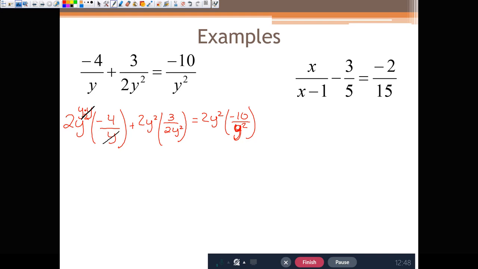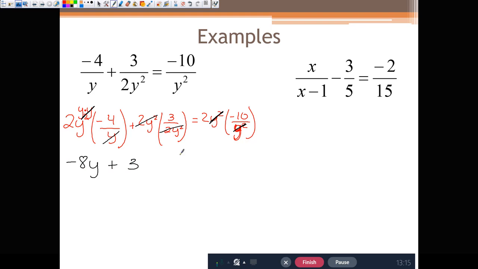Okay. Here I can eliminate 2y squared and 2y squared. I have a y squared on bottom here, so I can eliminate my y squared. So I'm left with 2. So now I'm going to multiply 2y times negative 4 and get negative 8y. I'm left only with 3 here.